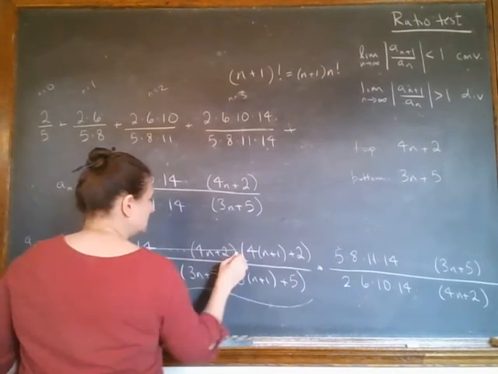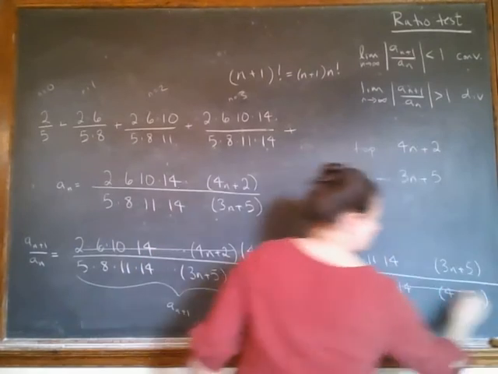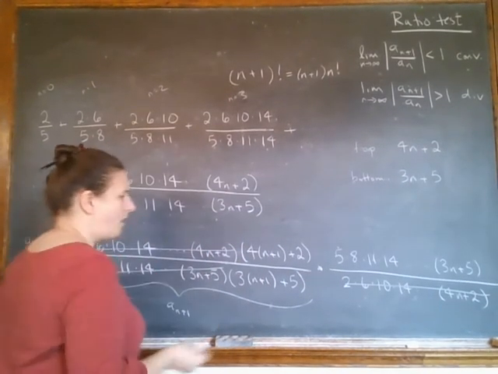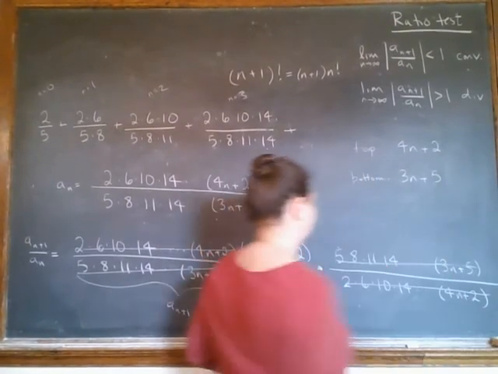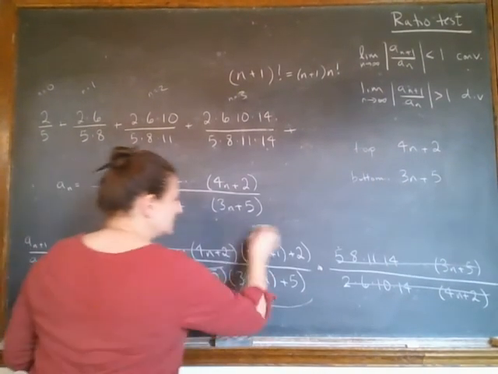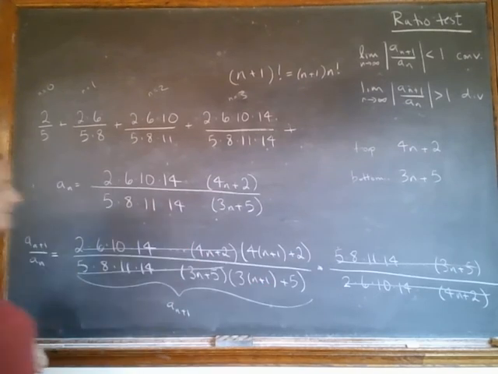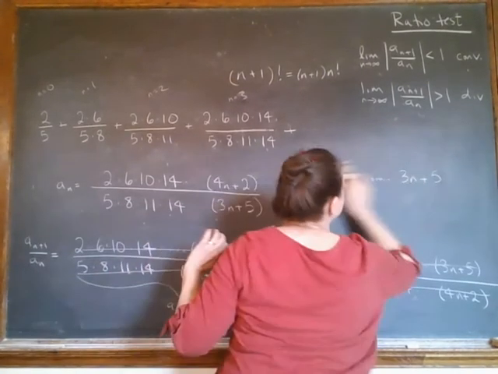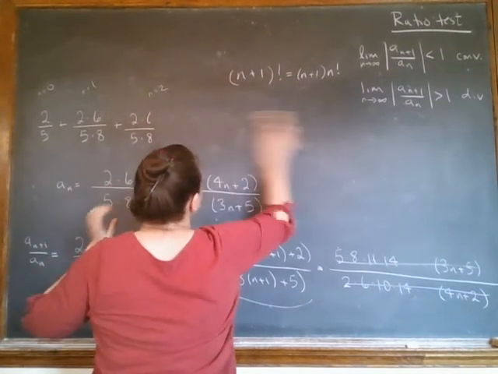All of these are the same as all of these. And all of these are the same as all of these. So the only thing I have left is this business. All right? Let me rewrite this. Get rid of this. Get rid of this.